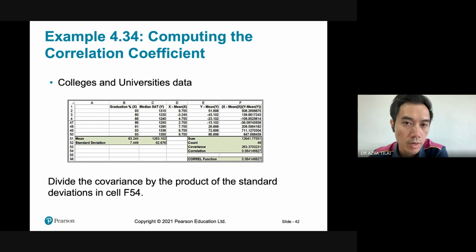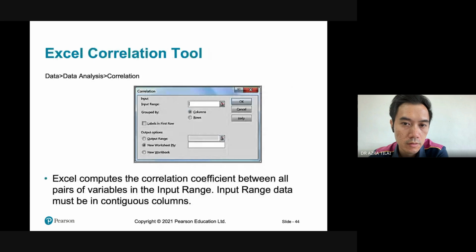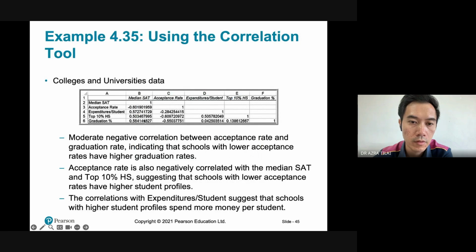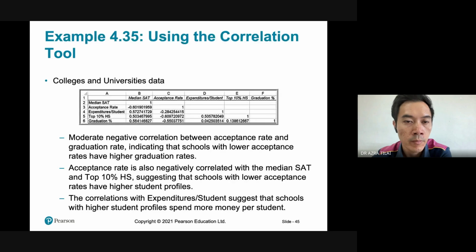We also have the correlation coefficient. Excel computes the correlation coefficient between all pairs of variables in the input range data, and must be contiguous columns.